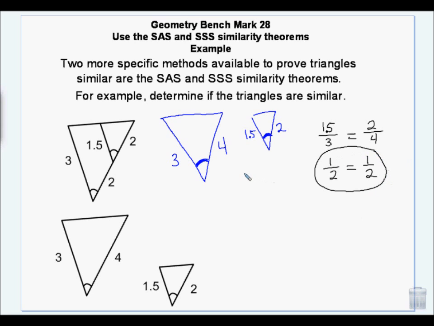Those are equal, so yes, by side angle side, which was this picture right here. I did not need to draw this because I had already done so. See that? Isn't that prettier than mine?